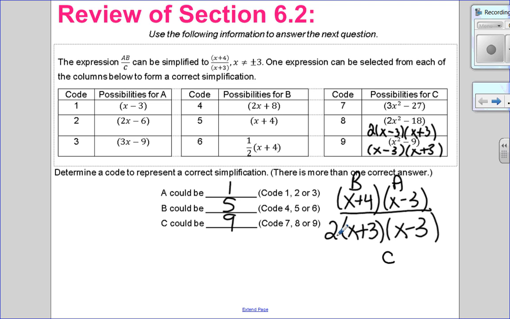So looking at my options, I could choose, for example, option number 4, which is 2 times x plus 4. So throw a 2 on there. So another possible code would be 4 for b, 8 for c, and let's keep a as 1. That would be another possible code. So try figuring out some other codes and then check to see if they work.